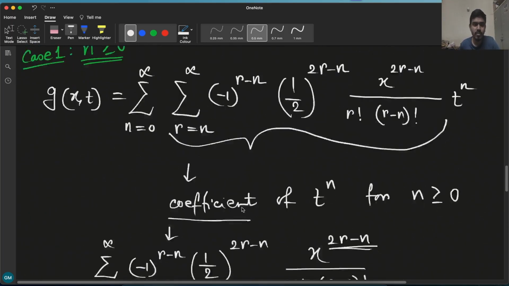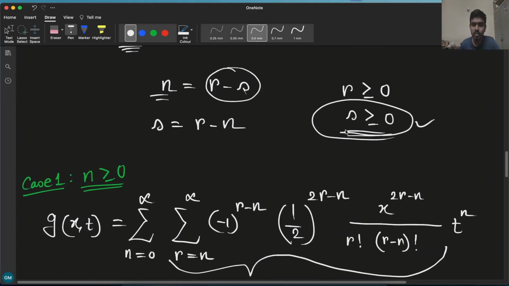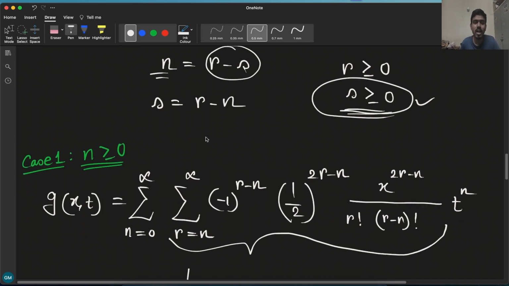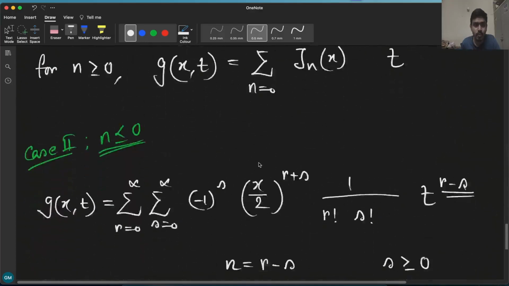Because in the previous case, to satisfy this s greater than or equal to 0 condition, we had to start this r from n, because n was taking positive values. So this r should be starting from n for a particular value of n. Otherwise s will be less than 0.